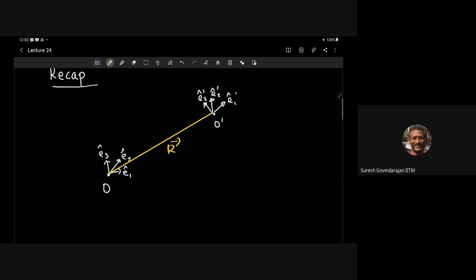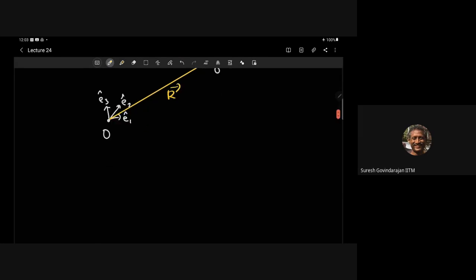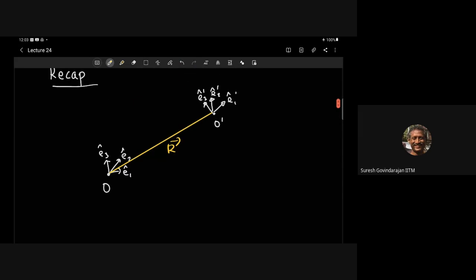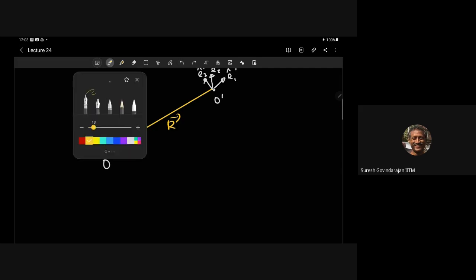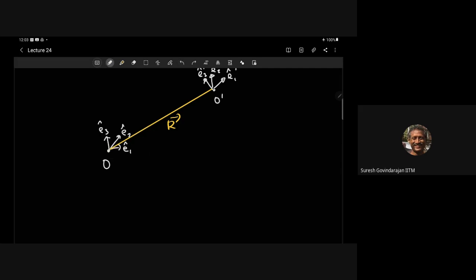Okay, so this was the setup, and so we assumed that the basis, which is the right-handed triad, these had dependencies.